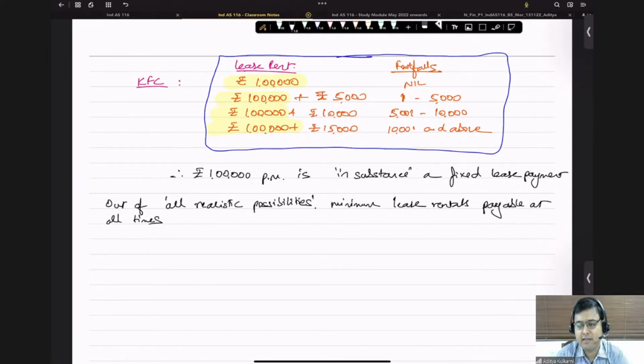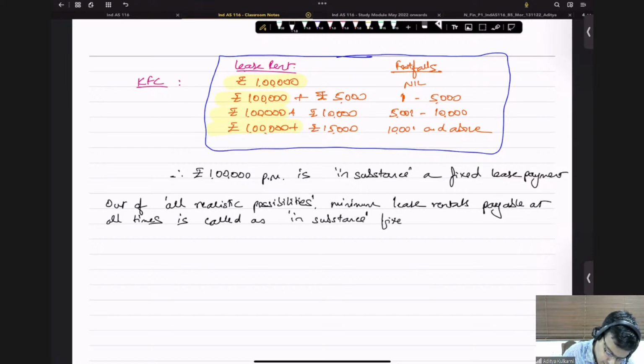Minimum lease rentals payable at all times is called in substance fixed lease payments. In substance fixed lease payments.